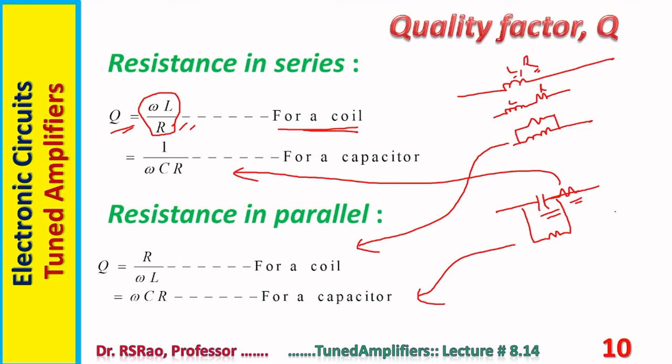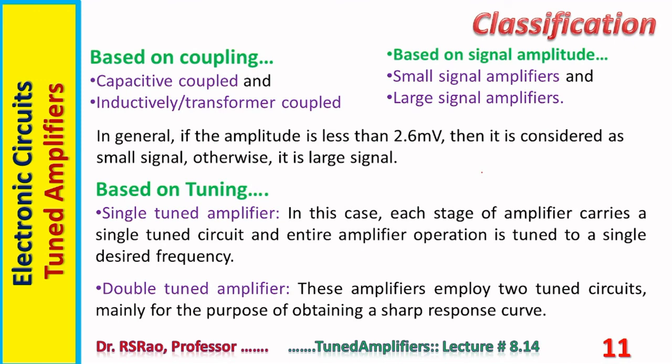If the resistor is placed in series, then the expressions given in the first half of the slide hold good. If the resistance is placed parallel to the capacitor or inductor, then the second half of the relations hold good.